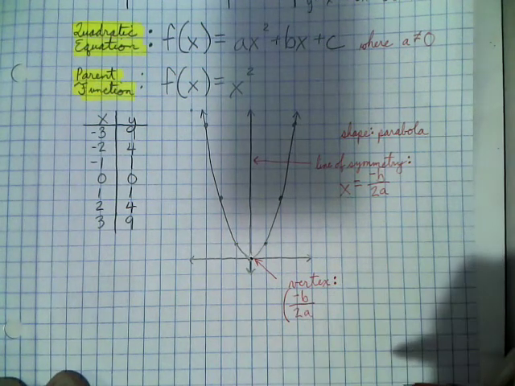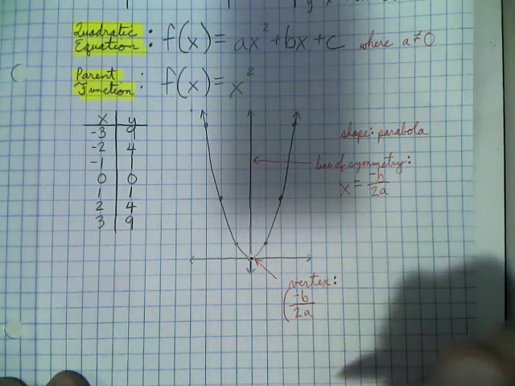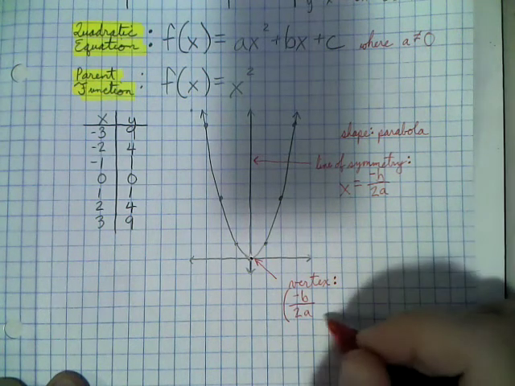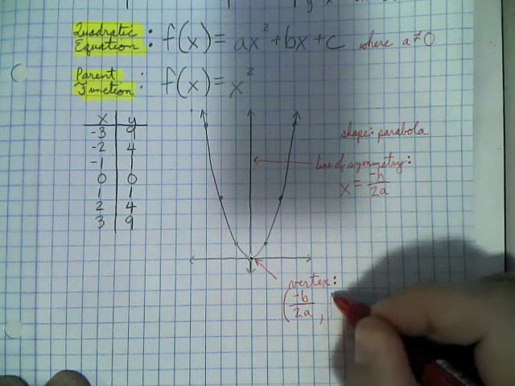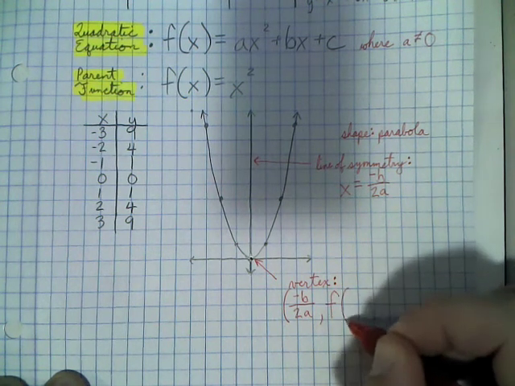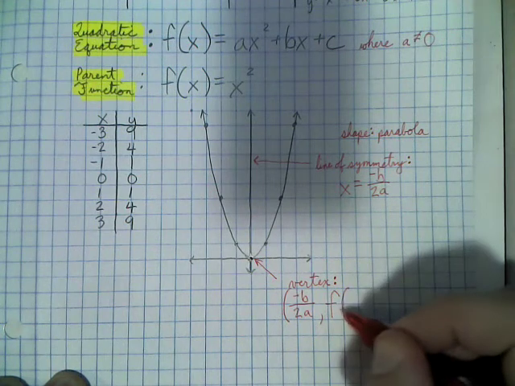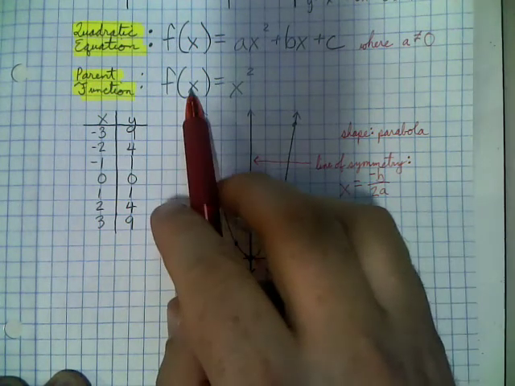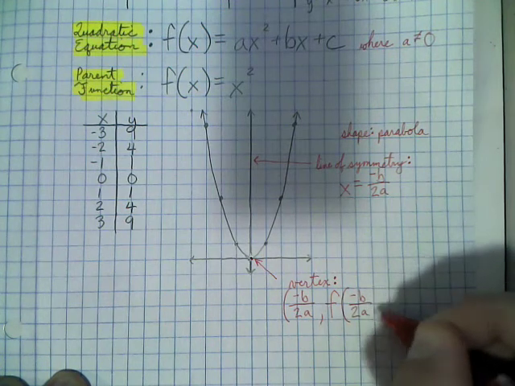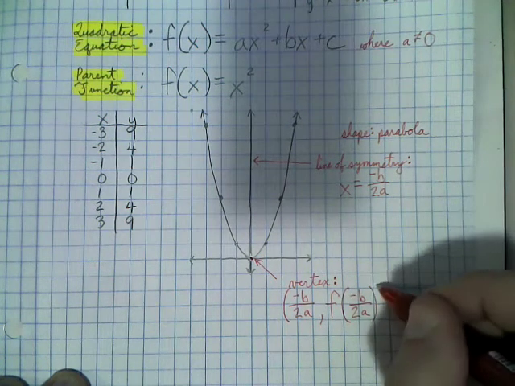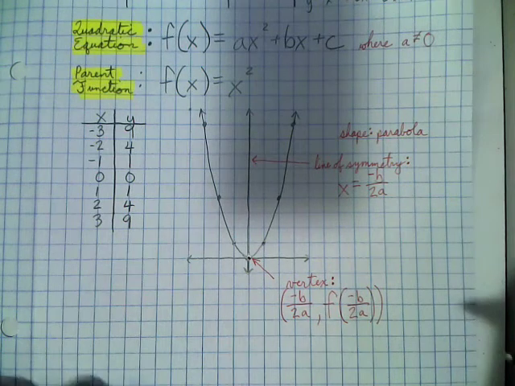That will be the x value of your vertex. To find the y value, we're going to plug that x value into our function. And that's your vertex.